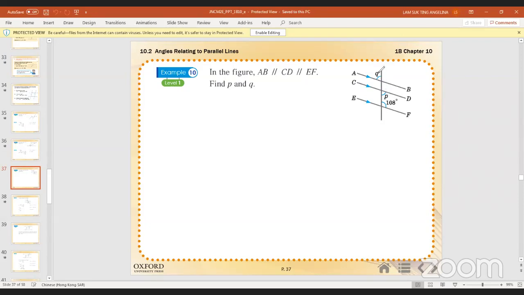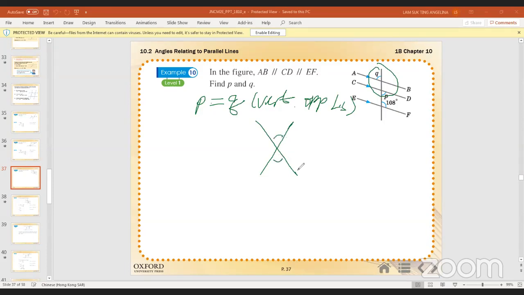Some of you may quickly see that these two are equal, and then immediately tell people that P equals Q, vertically opposite angles. But they are not really related, because for vertically opposite angles, we should have two straight lines cutting each other like that, and then we are talking about these two.